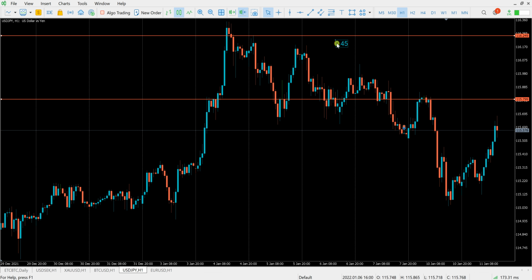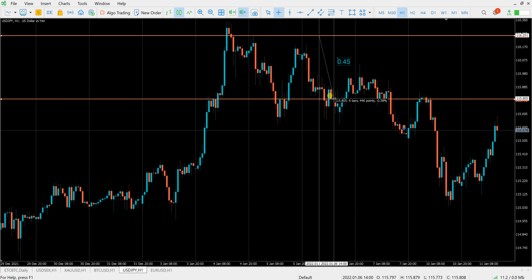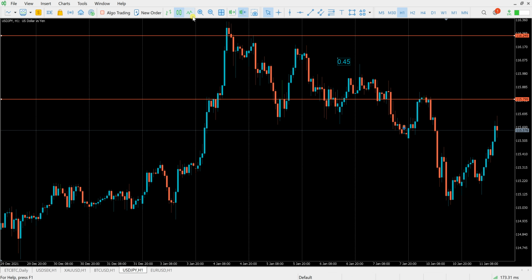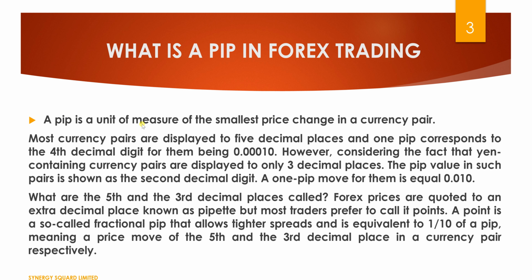That simply means that if price moves from this level to this level, it has moved 45 pips with some pipettes. And with your crosshair, you can do the confirmation. If you drag from this very point to this point, you can see it is around 45 pips, and then the difference is the pipettes. So this is what we mean by a pip, which is a unit of measure of the smallest price change in a currency pair.